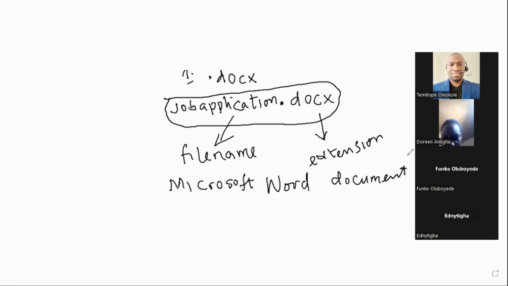So when you see any file name that has .docx, automatically it is a Microsoft Word document. And for you to open it, you need Microsoft software, that is Microsoft Word or any form of document viewer. So that is the first one.